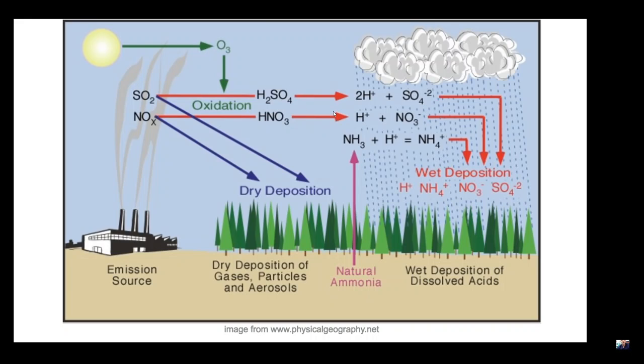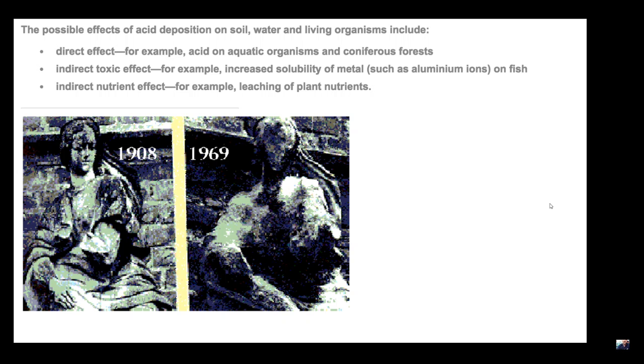Then oxidation occurs, and they form this secondary type of pollutant, and then we have this acid falling onto different areas. And it's important to know the possible effects of these acidic compounds on soil, water, and living organisms.